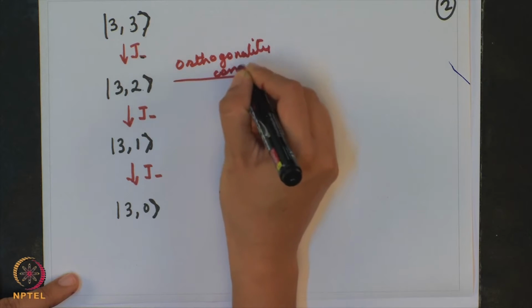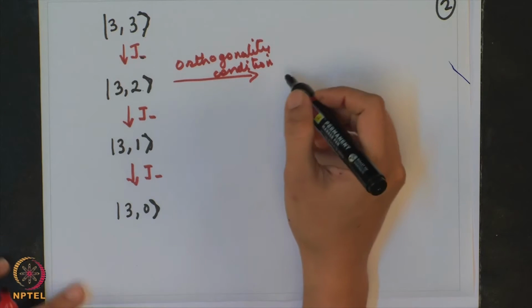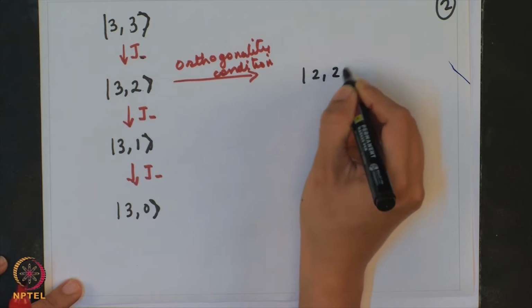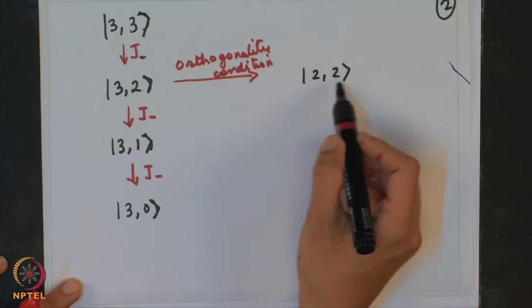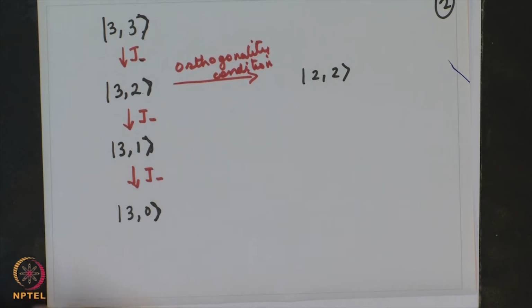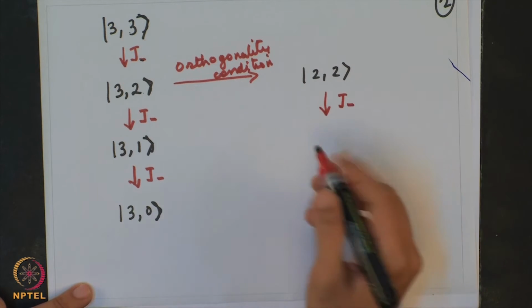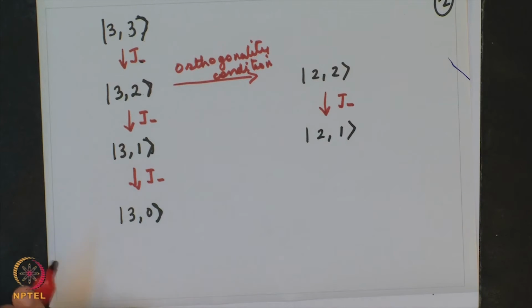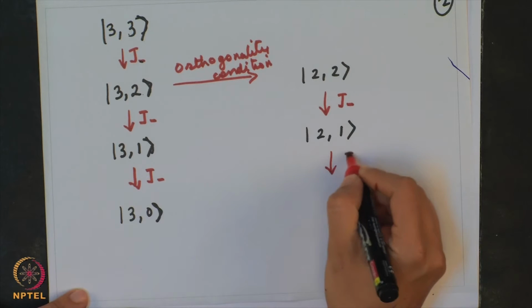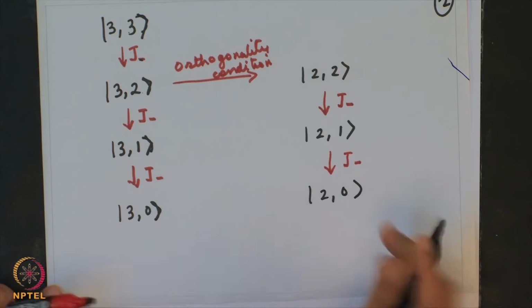If I use the orthogonality condition, you can find out the coefficients of state 2 comma 2. Now, you go down the ladder from state 2 1 by applying the ladder operator J minus, and again I obtain 2 comma 0.